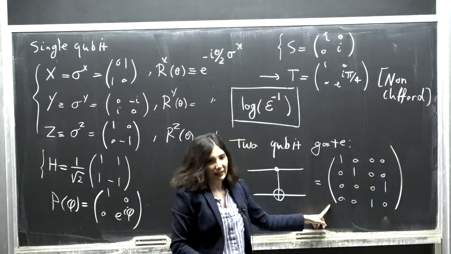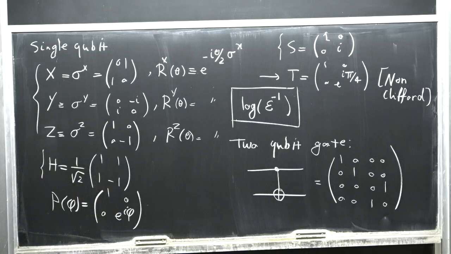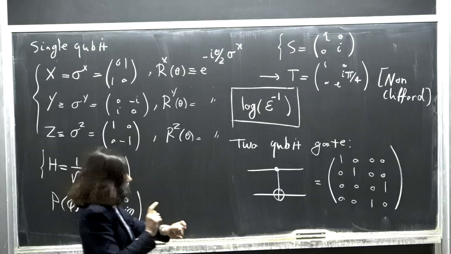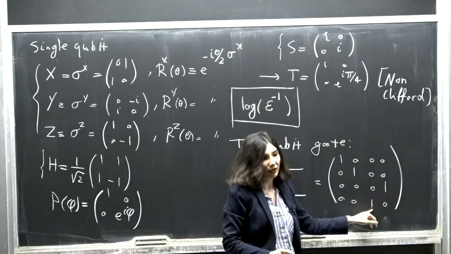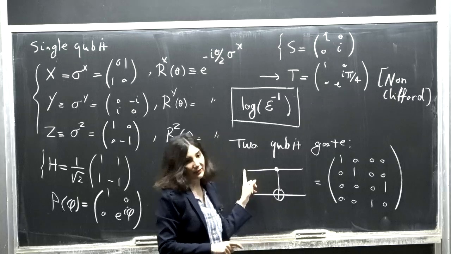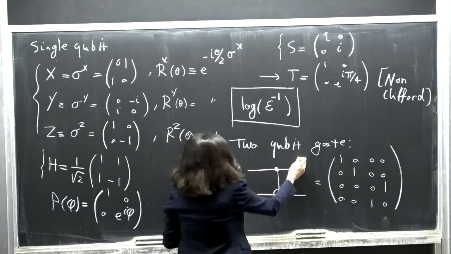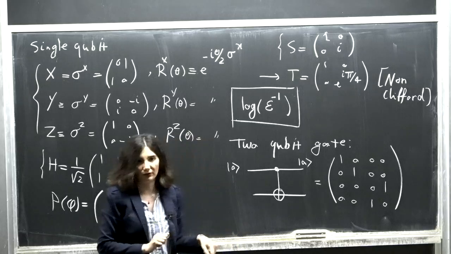So if you notice what this matrix does, if I implement it on a state of 2 qubits, then it doesn't do anything to the 0 component, but it actually switches the 1 component depending on whether this one is in 0 or 1. In other words, if I start from 0 here, I would always end up in 0 here.